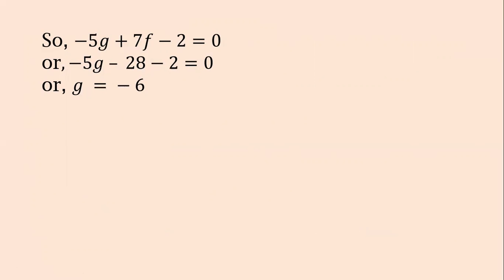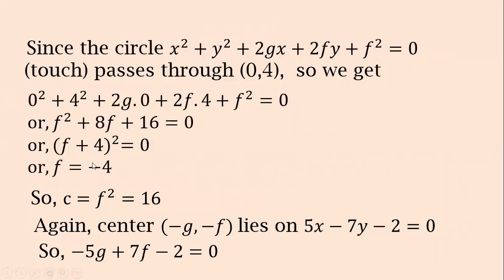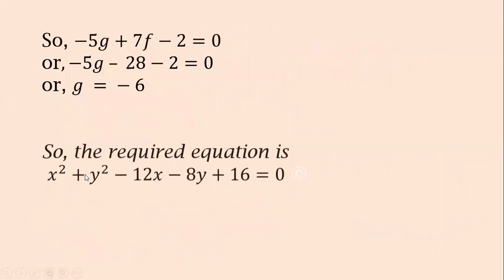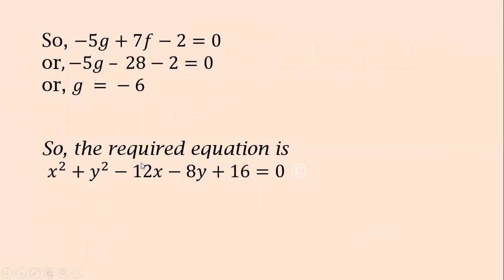So we have got g is equal to minus 6, f is equal to minus 4, and c is equal to 16. So we put the values of g, f, and c, and finally we get the equation. This was 2gx, so g is equal to minus 6, so it is minus 12x. It was 2fy, f is equal to minus 4, and c is equal to 16. So this is our equation.